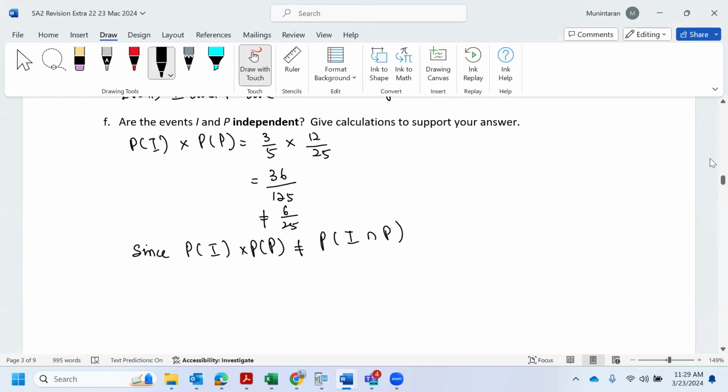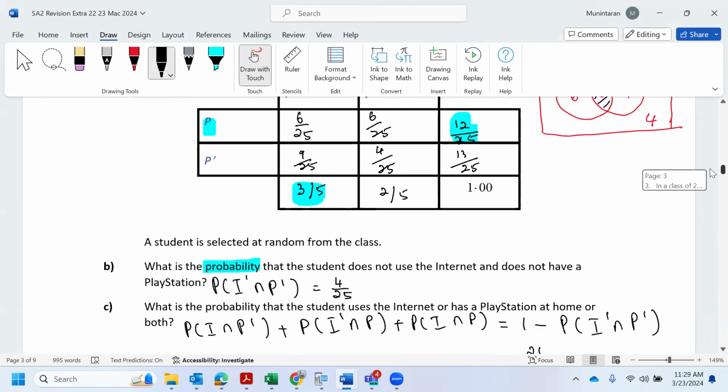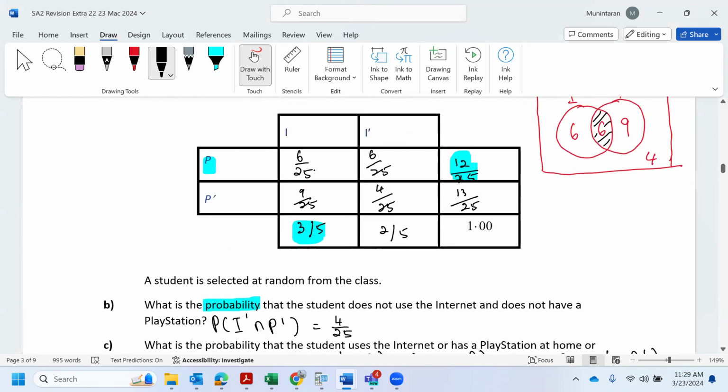The overlap, you can just look at the table. This is the overlap, so you don't get the same.